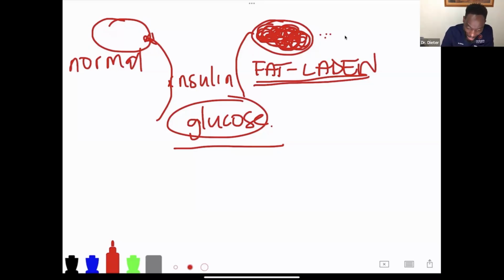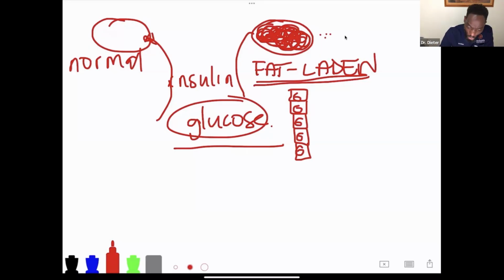Now, when that happens, glucose accumulates in the blood because it cannot enter the cell. One thing I want you guys to understand is that there is a one-to-one relationship between the concentration of glucose in the blood and the amount of insulin that is produced by the pancreas.